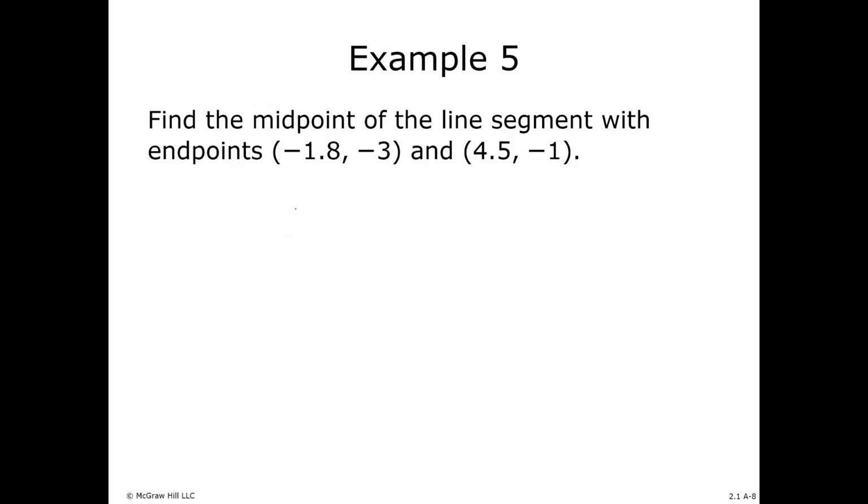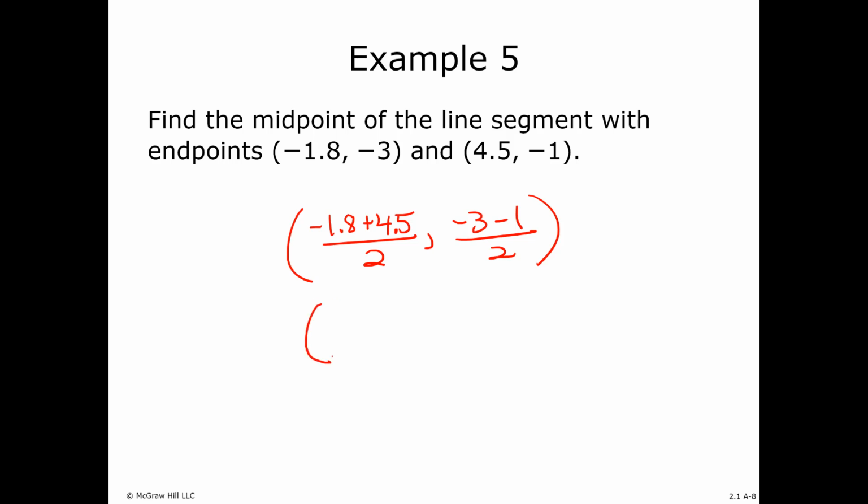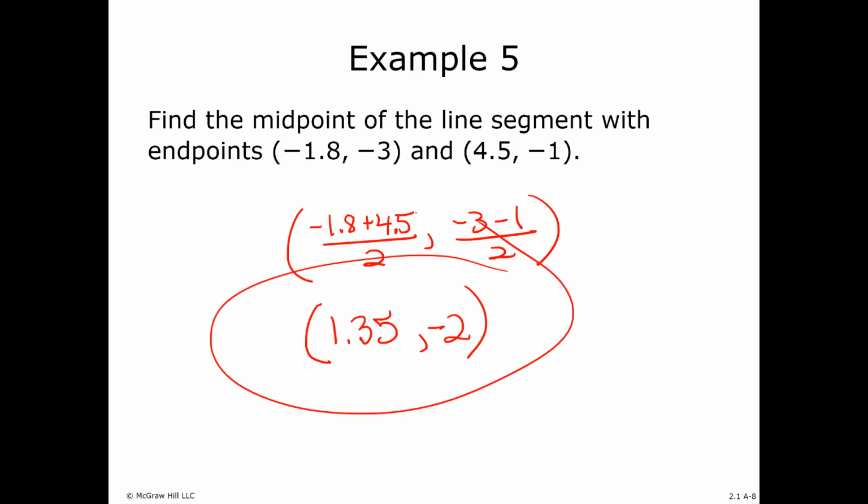So we just add the x's and divide by 2. Add the y's and divide by 2. And that is going to give us 1.35 for x and negative 2 for y. And that is the midpoint.